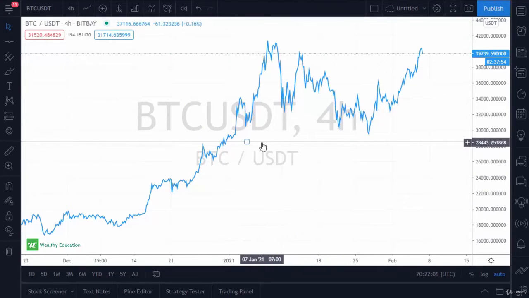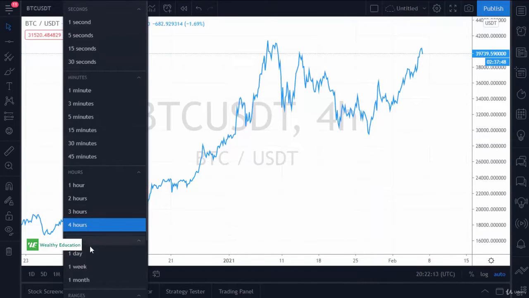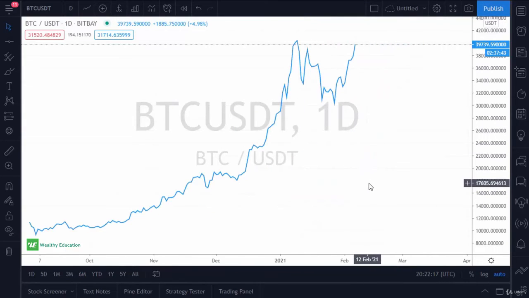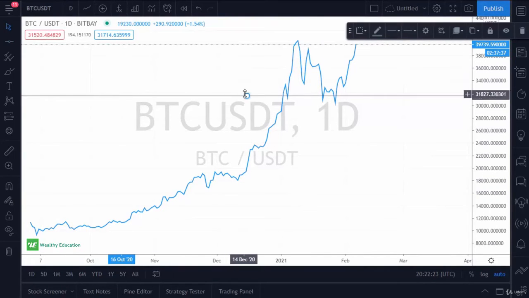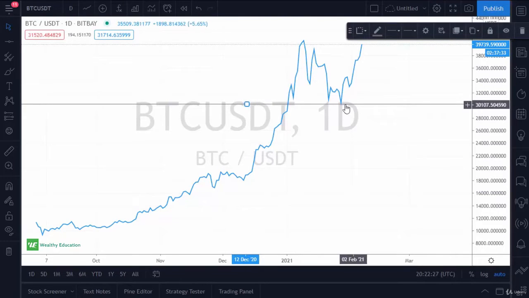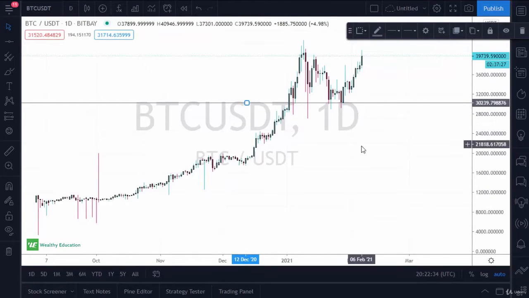So what you're looking for with support and resistance, the first thing that I would say is, let me go ahead and remove this. So let's go to the daily time frame. If you look at a chart, you can see that there are a couple of areas where buyers or sellers seem to be very active. So for example, right here, you can see that buyers came in and picked up the market.